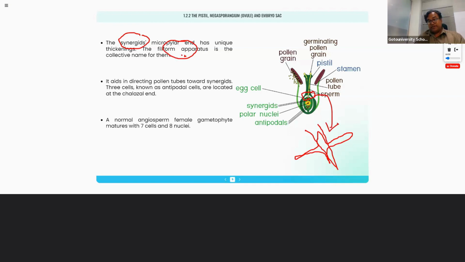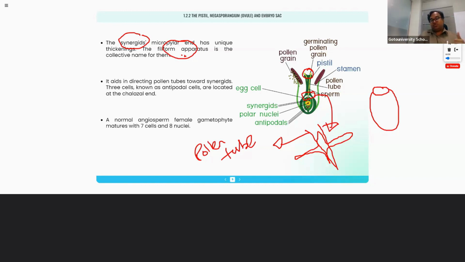In the micropyle area, the synergids' existence is very important to make the filiform structure. This is the pollen tube. We know very well the pollen tube comes from the pollen grain after getting attached to the stigma of the female reproductive system, and after the pollen tube gets entry into the ovule, its destination direction is guided by whom?